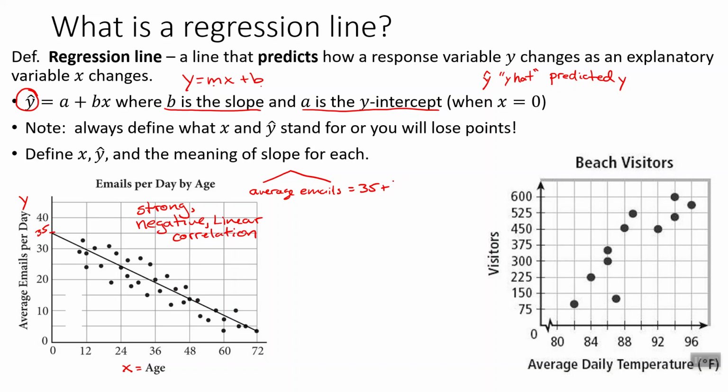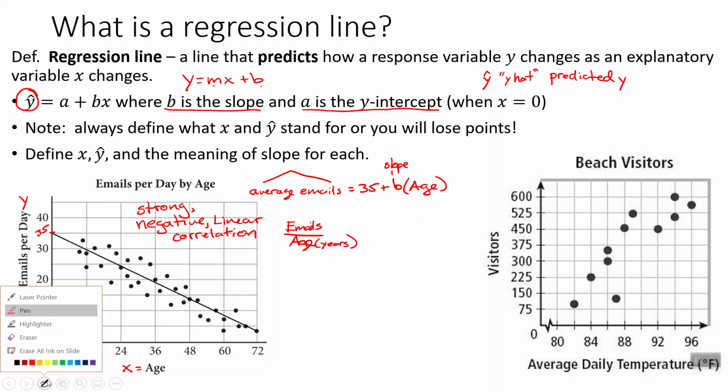I'm just going to use b for now, b times age, where b here is our slope. So we don't even have to use variables. We just use the words, and we throw the words in. It's kind of a sneaky little thing we do, but it works. And the meaning of slope here would be emails per age, and age would be in years. So that would be our units there for slope.